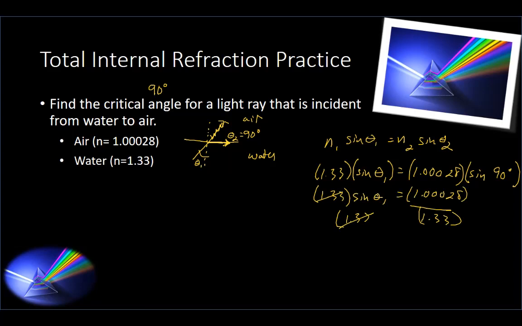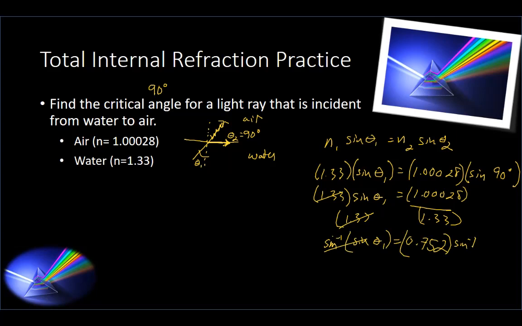And that gives us 0.75, and then we do the inverse sine of that. So sine theta 1 equals 0.752, and then we inverse sine. Inverse sine of a sine gets rid of it.